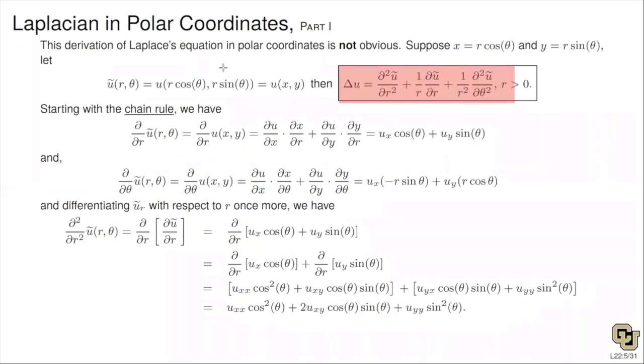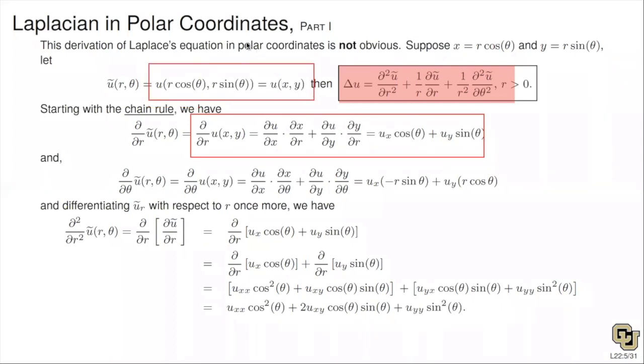And I say again because you did it in a homework, specifically starting from this point where we assumed we have a function u of x, y, and we've replaced the x coordinate with r cosine theta and the y coordinate here with r sine theta.